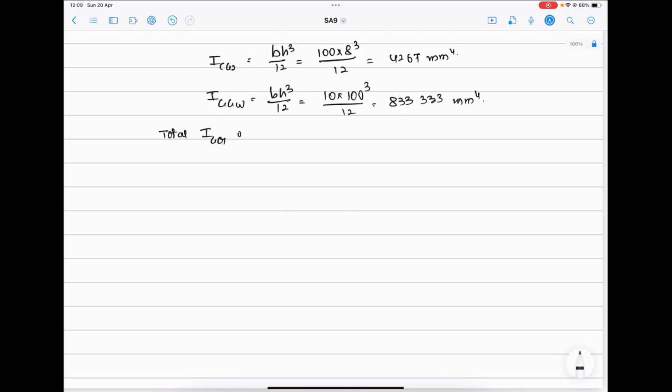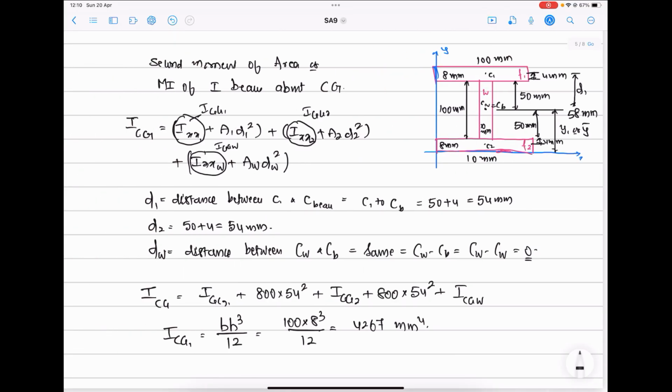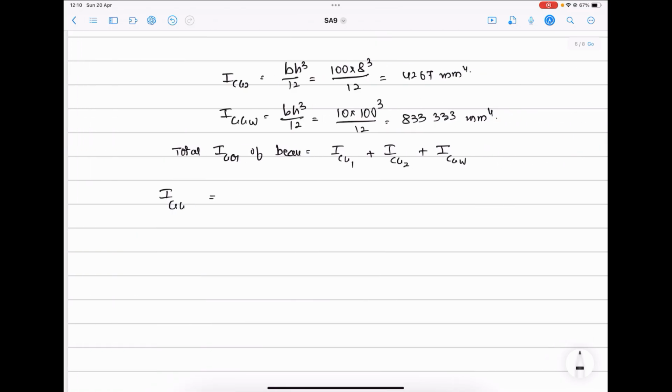Now the total ICG of the beam is equal to ICG of flange 1 plus ICG of flange 2 plus ICG of web, plus A1 D1 square plus A2 D2 square plus A web D web square.